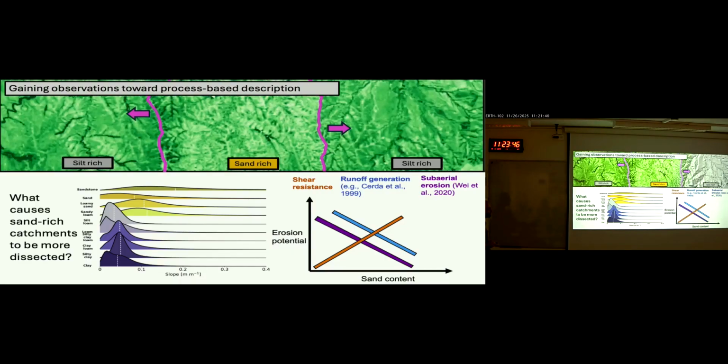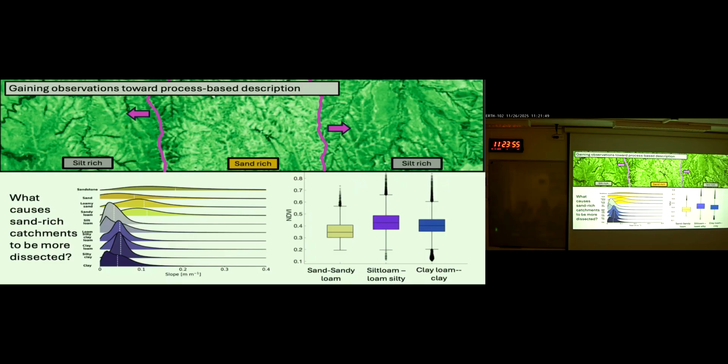To make it a bit more complex, there are other near-surface properties that correlate well with this landscape, for example the greenness level. Sand-rich catchments are associated with lower vegetation cover systematically relative to silt- and clay-rich catchments.